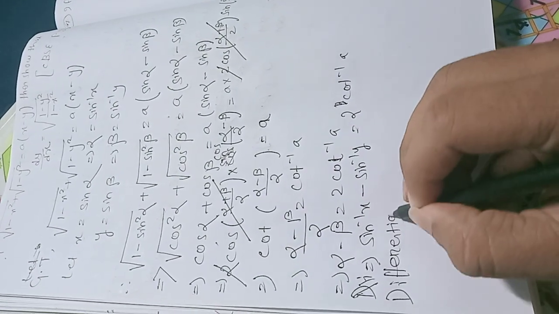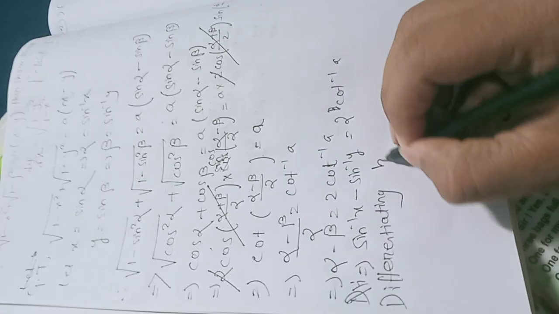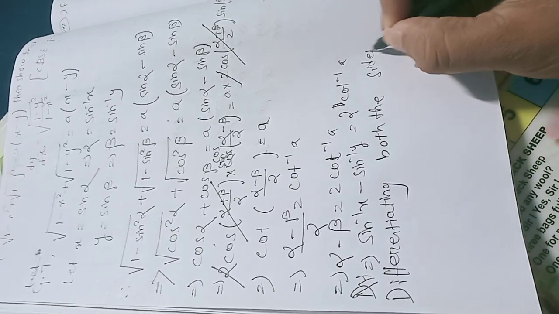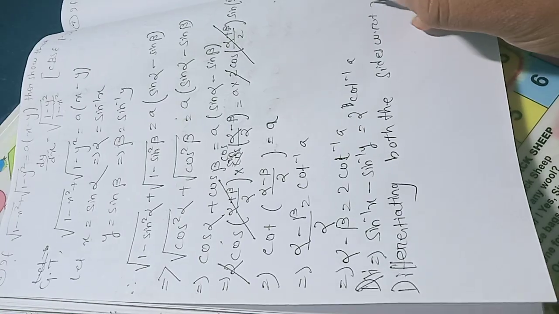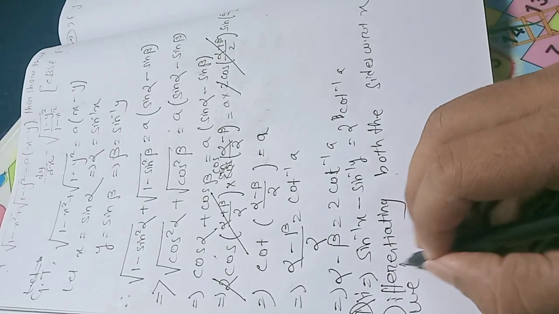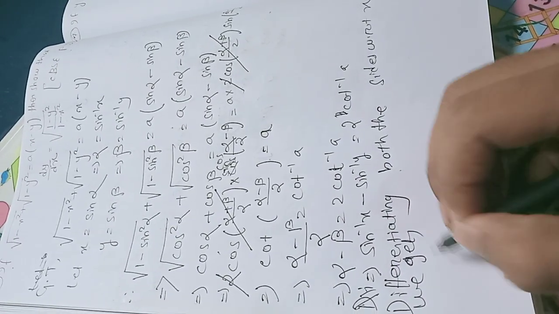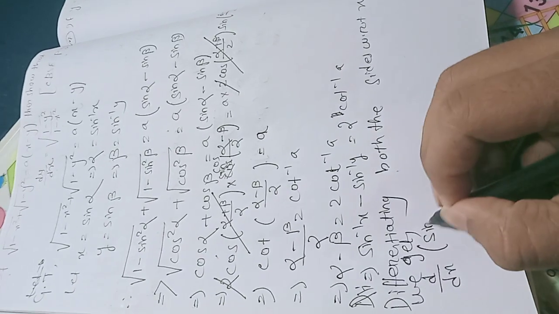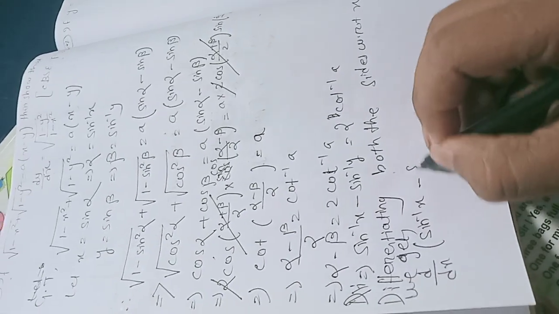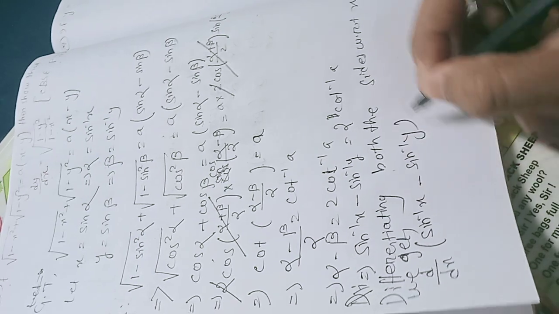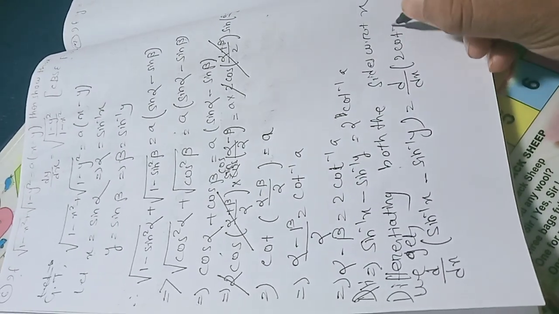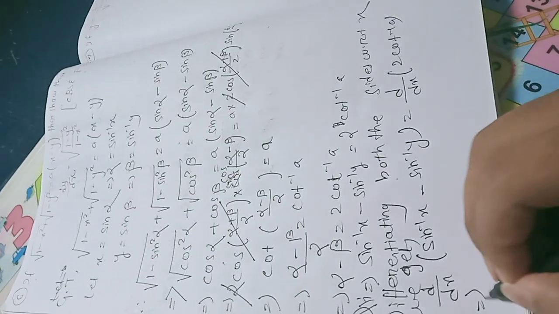Differentiating both the sides with respect to x, we get d by dx of sin inverse x minus sin inverse y is equal to d by dx of 2 cot inverse a.